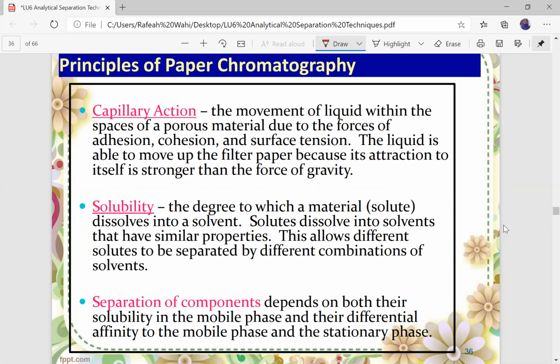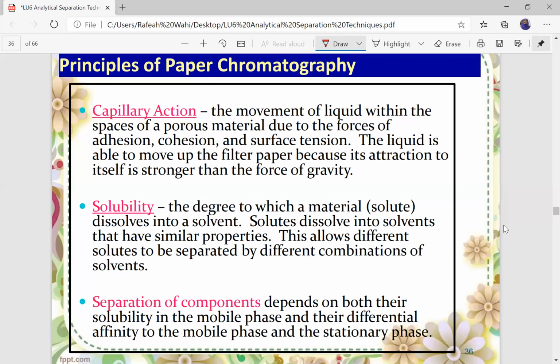Another principle is the solubility principle, which is the degree to which the solute dissolves into a solvent. Solutes dissolve into solvents that have similar properties, and this allows different solutes to be separated by different combinations of solvent.